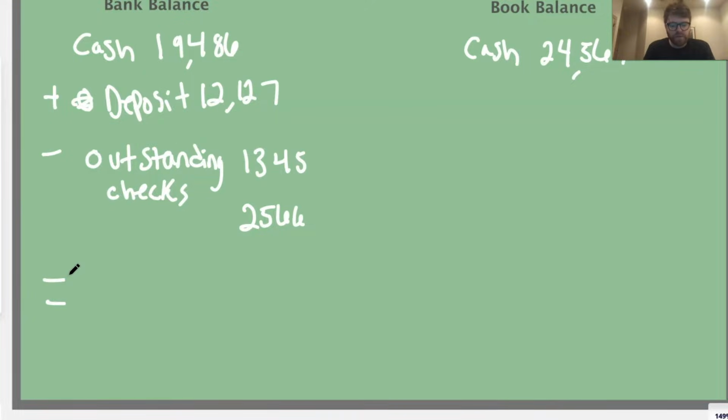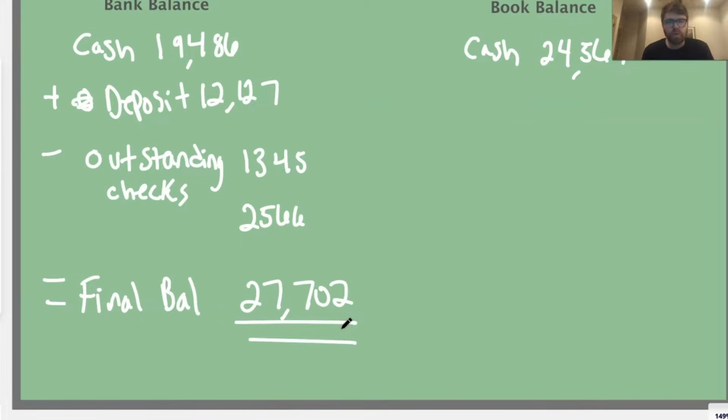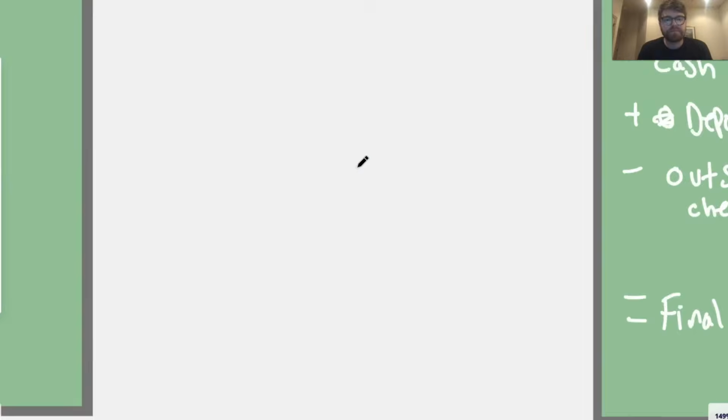You're going to add in 12,127, but you're going to subtract 1345 and subtract 2566. There we are. So our final balance that we should get for the bank side is equal to 27,702. That's important.